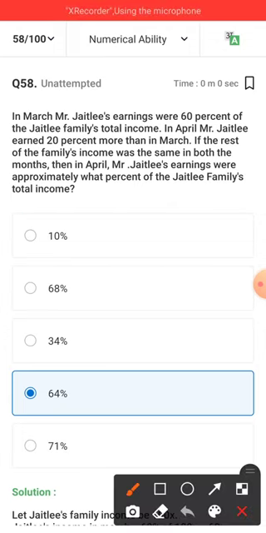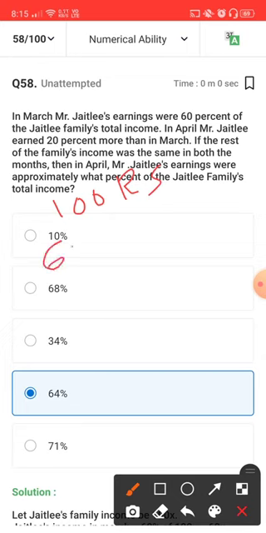Okay, we had a small problem here. Well, look at this problem. Mr. J earns 60% of his family's total income. If the family's total income is 100%, consider it as 100 rupees.